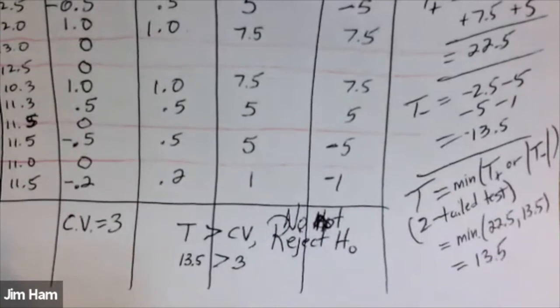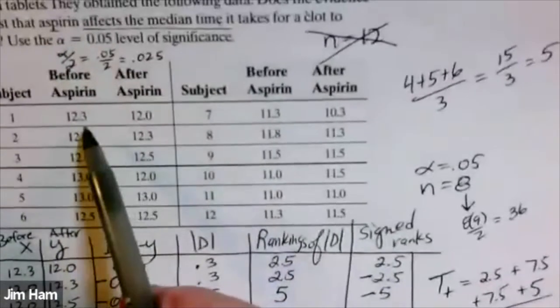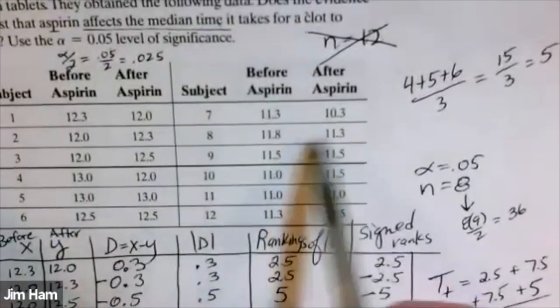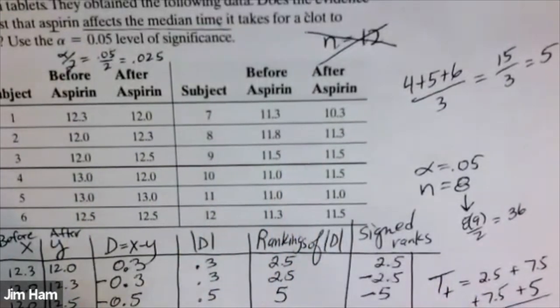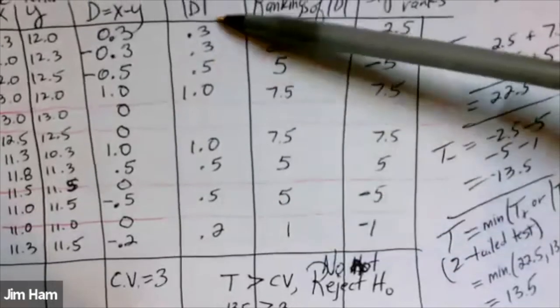So, based on our small study here, we don't have enough evidence to say that aspirin has any effect on the clotting time. And you can see here that we're talking seconds here. Even though there might be some differences here, the time that it takes to clot, however they measure that, in many cases, it's less than a second. In every case, it's a second or less.